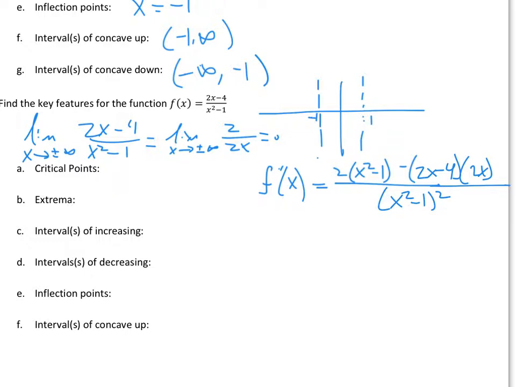The top will clean up here, and so we end up with a polynomial like this, -2x squared. That comes from multiplying these two x's and then negative. Clean it all up, you get that. All right, so that's all over x squared minus 1 squared. No need to multiply that out, so let's leave that alone there, right?